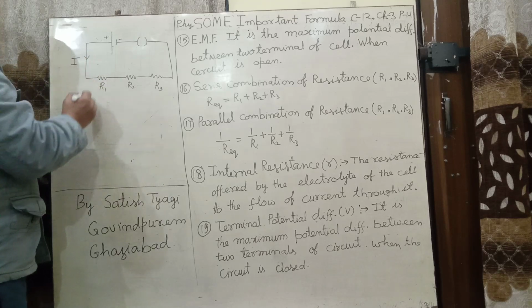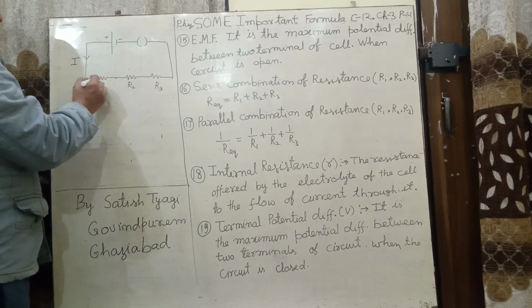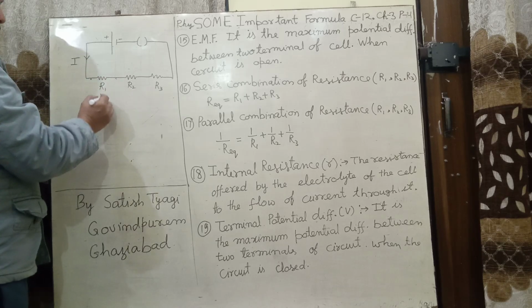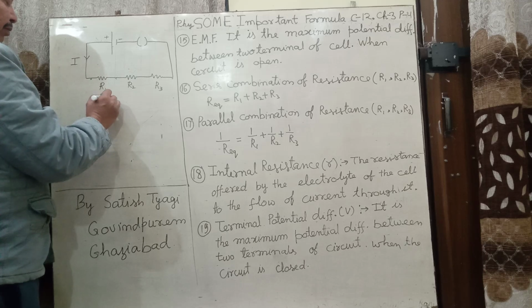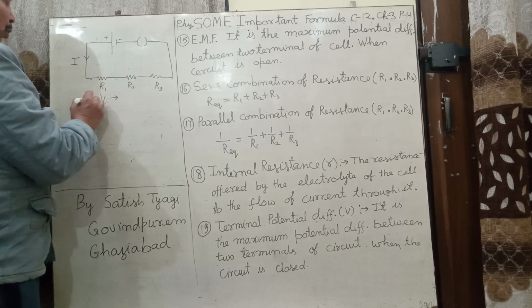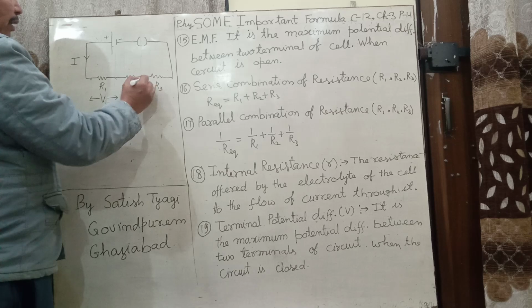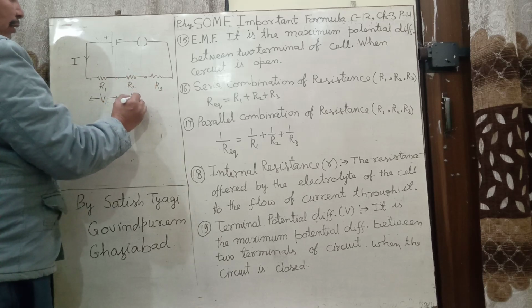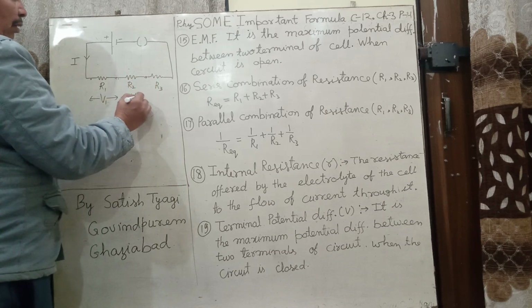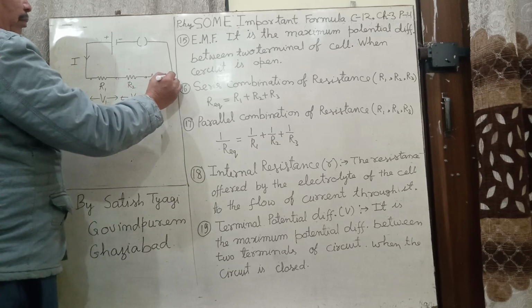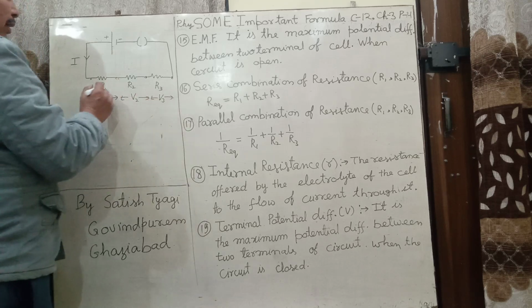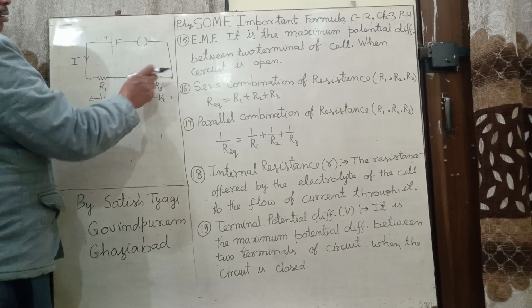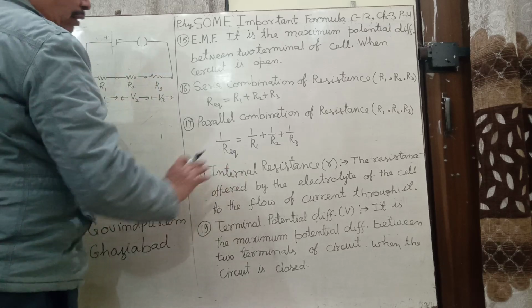The potential difference between these two terminals is called terminal potential difference, here V1, between these terminals V2, and between these two terminals V3. The potential difference of the terminals is called terminal potential difference.